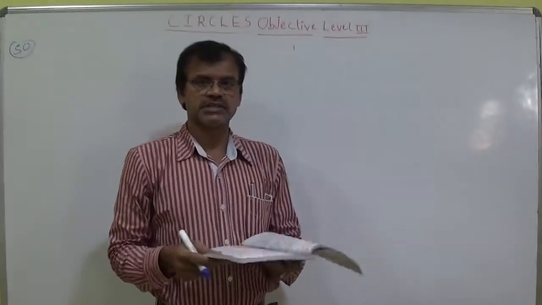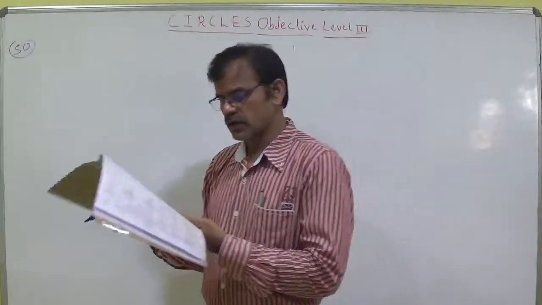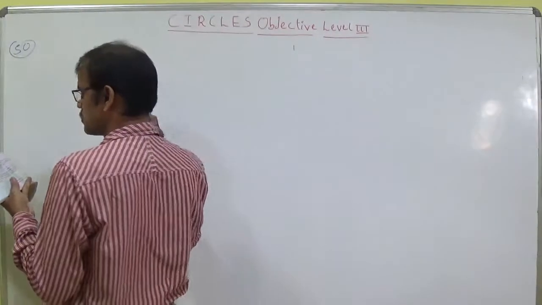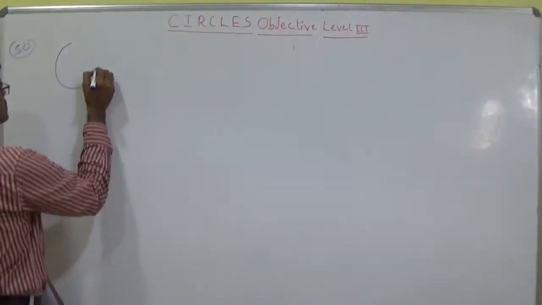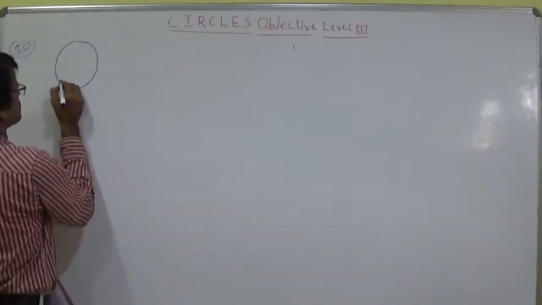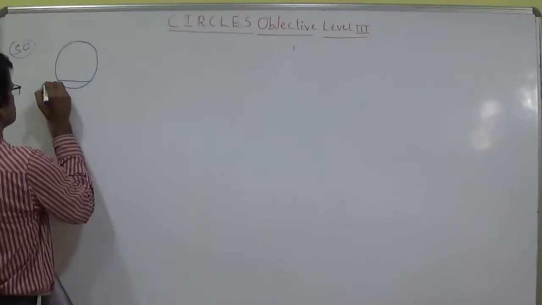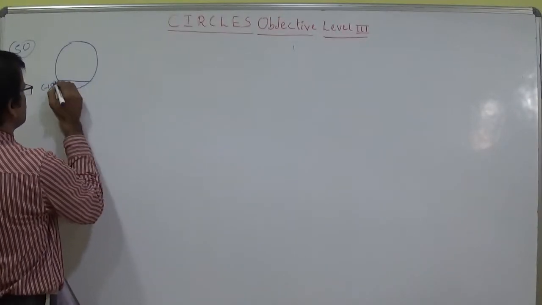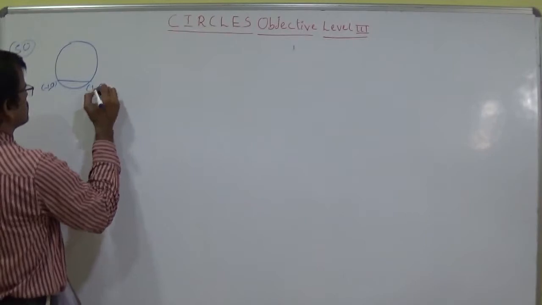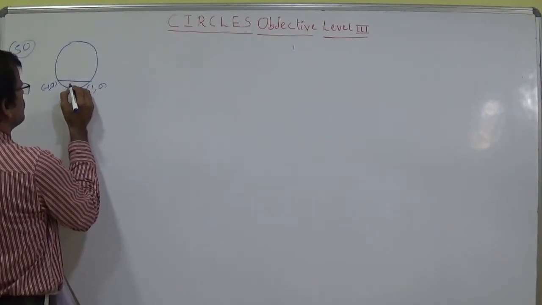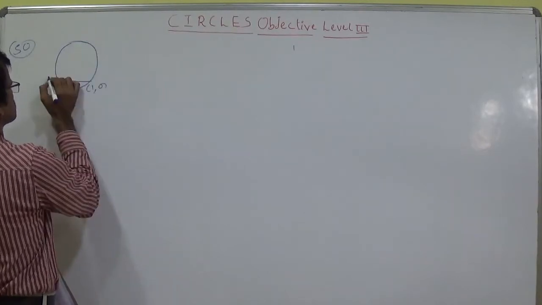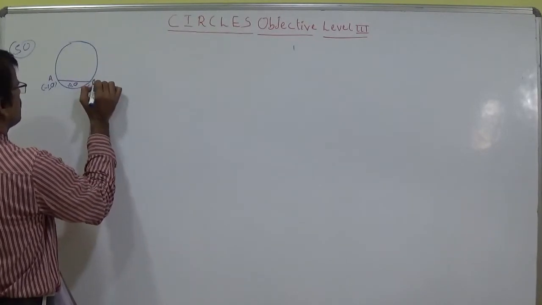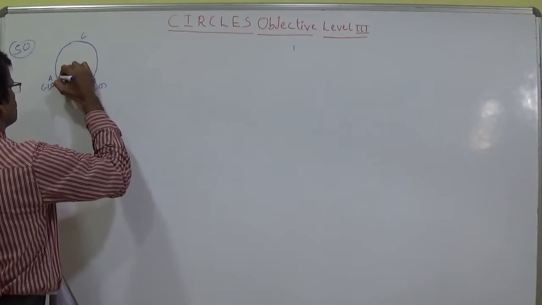Question number 50: two vertices of an equilateral triangle are (minus 1, 0) and (1, 0) and its third vertex lies above the x-axis. Put the two vertices here: this is (minus 1, 0) on the negative side and this is (1, 0) on the positive side. Midpoint is (0, 0). The third vertex lies above the x-axis.